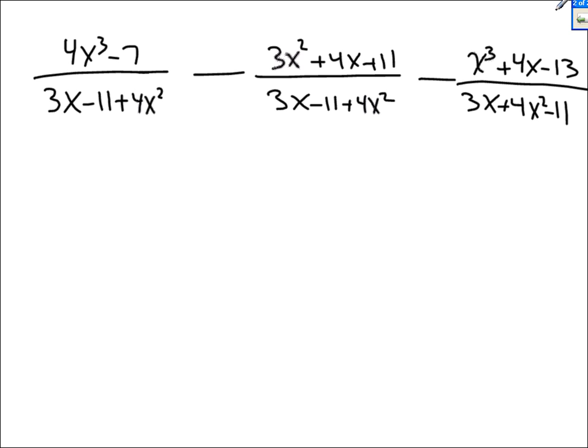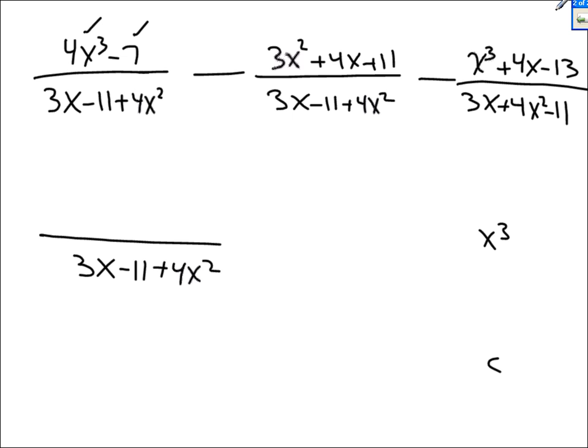We're subtracting fractions. They all have the same denominator. I see x cubes, I see constants, I see x squares, I see x's, and I see more constants and x cubed and x's and constants.